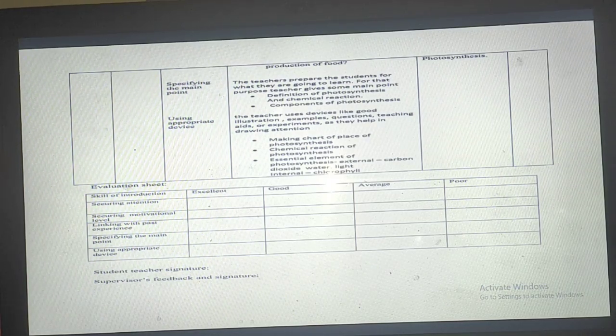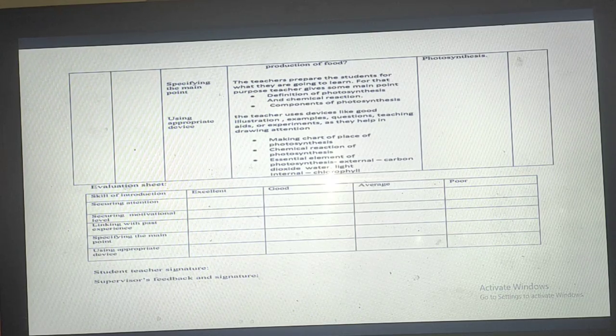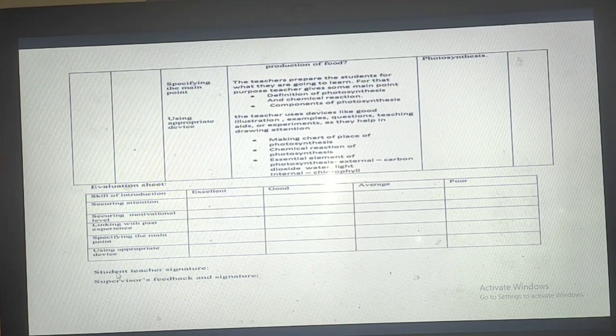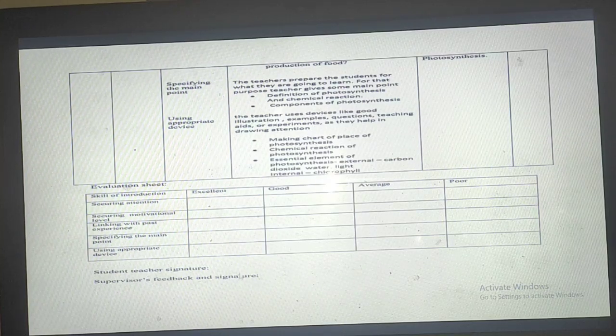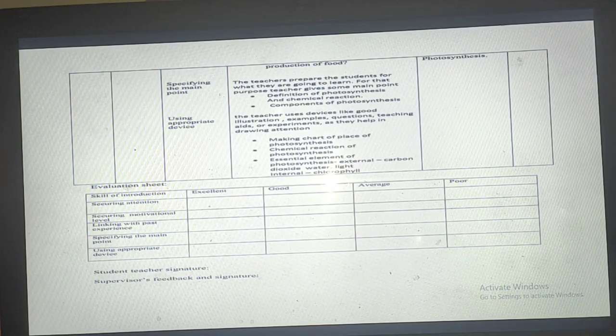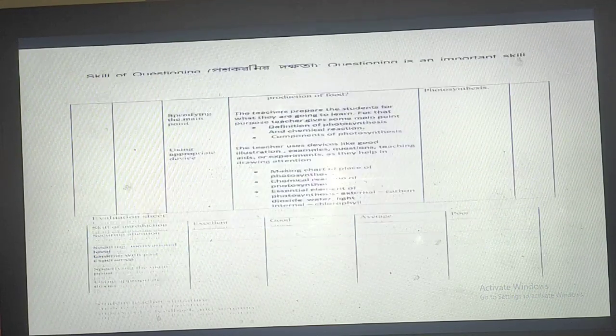After rectifying, the teacher trainee has to practice once again. Therefore, I put an evaluation sheet, then the student teacher signature and supervisor feedback signature. I think you have got it, how to prepare a lesson plan through the skill of introduction.